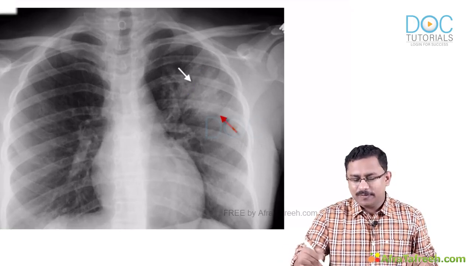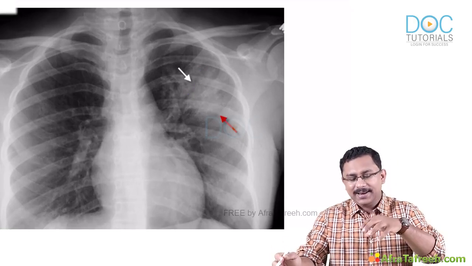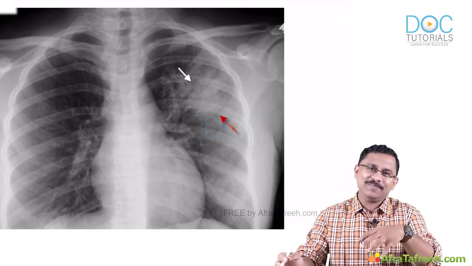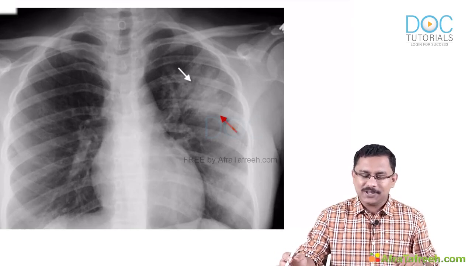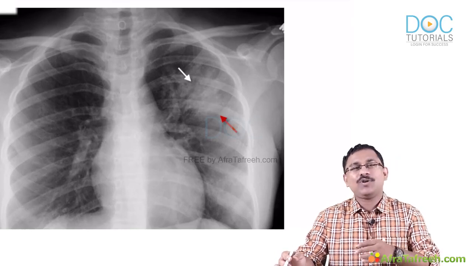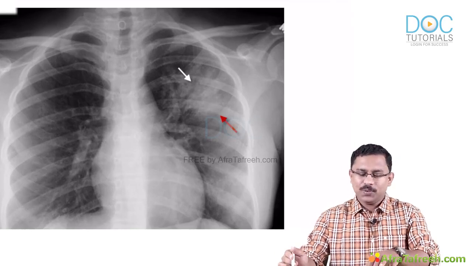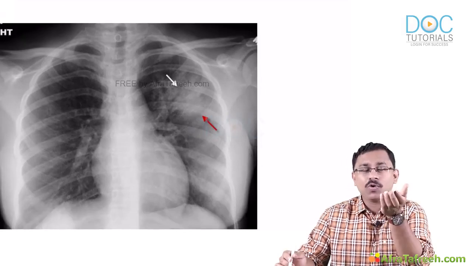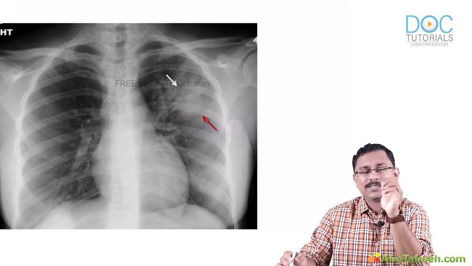Now I'll just take it off. You can see air within the area of the brightness, or in the region of consolidation. So this is what you call an air bronchogram. That is, you can see an air bronchogram in a lobar consolidation.